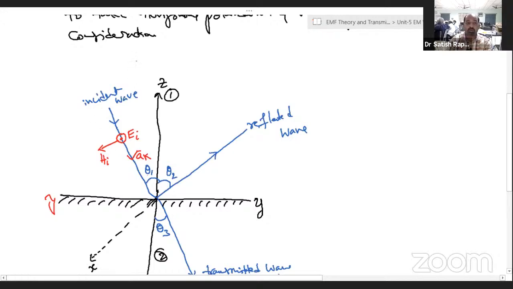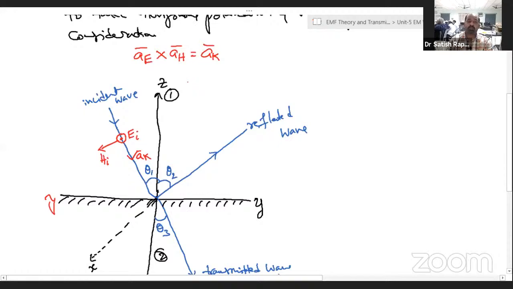As we know, ae bar is the direction of the electric field, ah bar is the direction of the magnetic field, and ak bar is the direction of wave propagation, and they are mutually perpendicular.